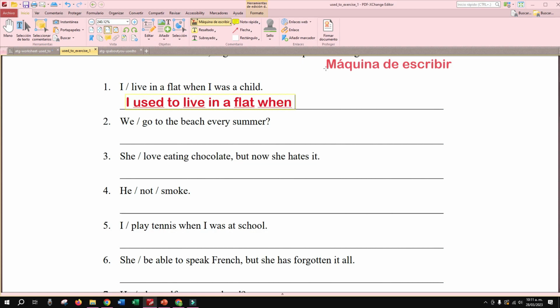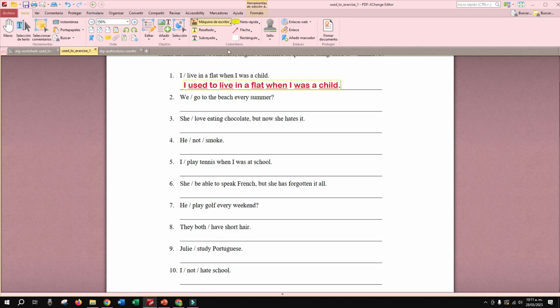When I was a child. So, notice subject used to, because that is an affirmative one, live in a flat when I was a child, right?